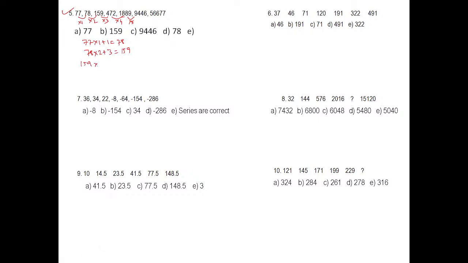Now 159 into 3 plus what should generally come here? The logic follows that this may be 5. That means 160 into 3 minus 3, so 477, plus 5, that means 482.